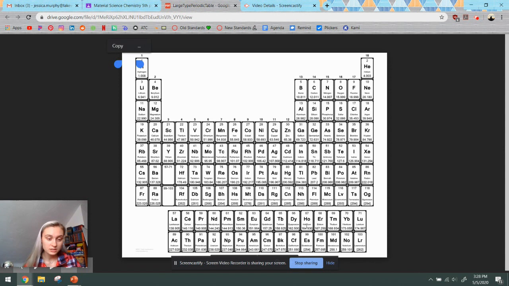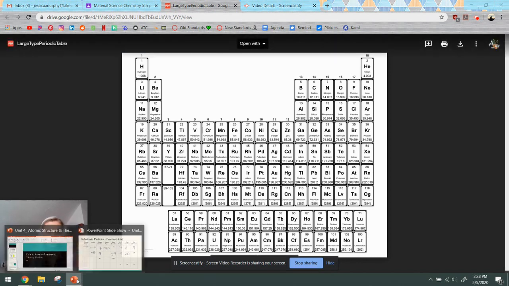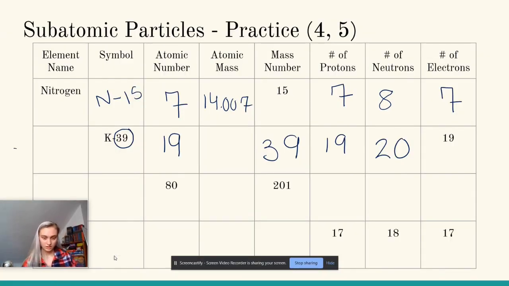So K is potassium. And another thing we need to get is our atomic mass, which is 39.098. So we know our atomic mass is 39.098, and this element is potassium.